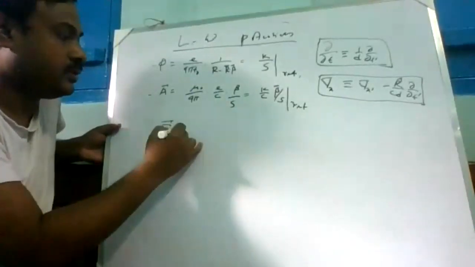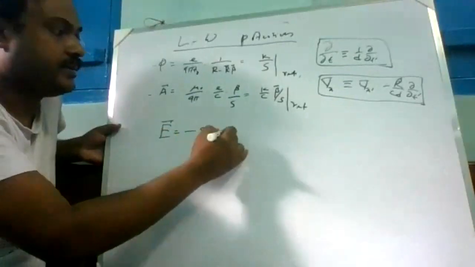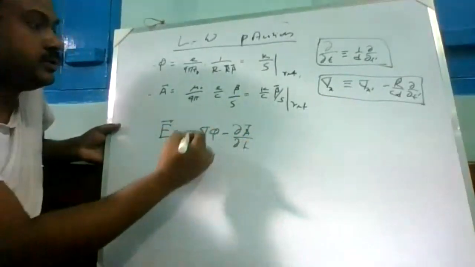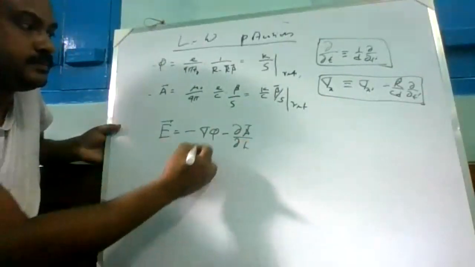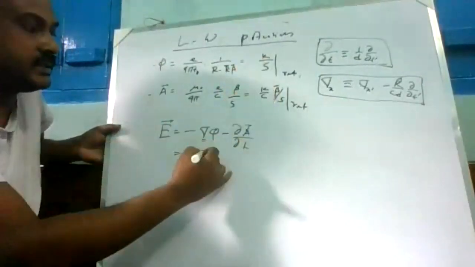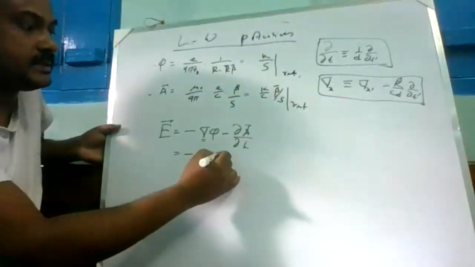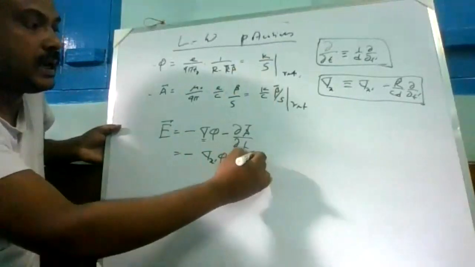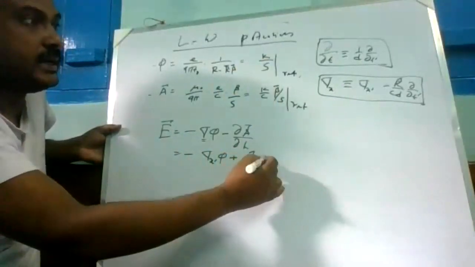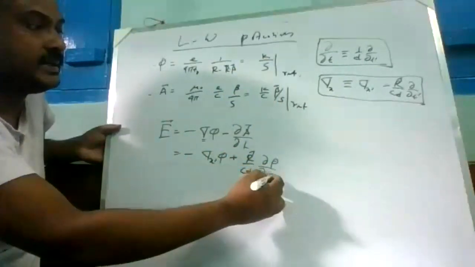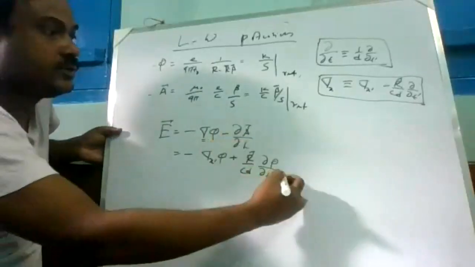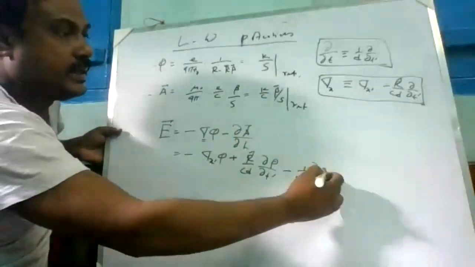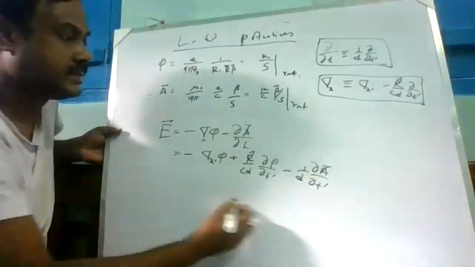E equals minus grad phi minus del A by del t. What will you do? This will be transformed as minus grad X dash phi plus R cap by CD del phi by del t dash, and this will be equal to minus 1 by D del A by del t dash.